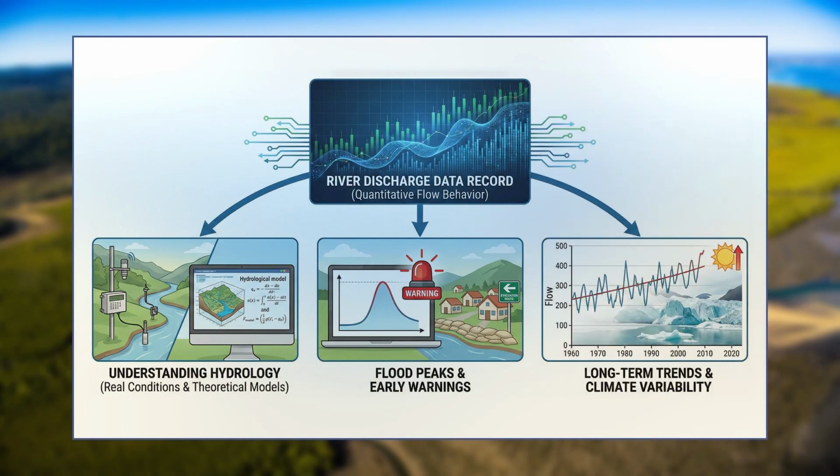The observations are particularly critical to track flood peaks, issue early warnings, and assess long-term flow trends under climate variability. The data becomes a backbone of water resource planning and management.